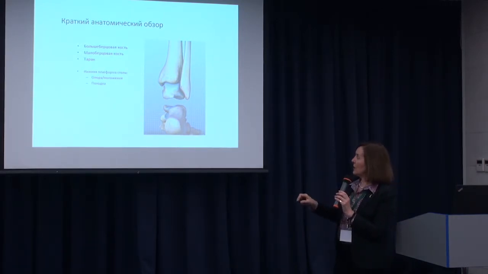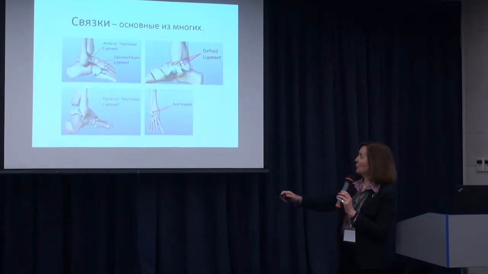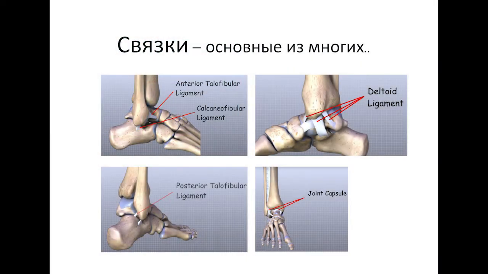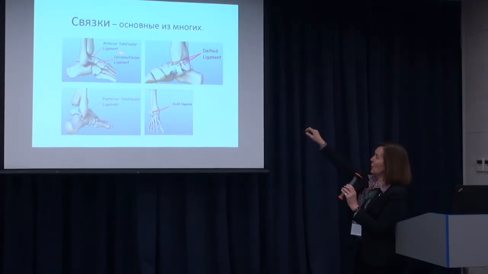So as we know, the ankle is held together by the ligaments that I've mentioned, the lateral ligaments. So the most commonly injured is the anterior talofibular ligament, then the calcaneofibular ligament, so this is on the lateral side, and moving posteriorly the posterior talofibular ligament, and then medially the very strong band of the deltoid.